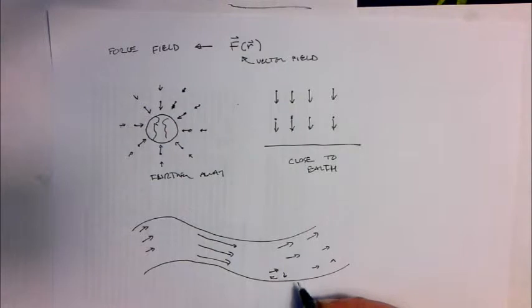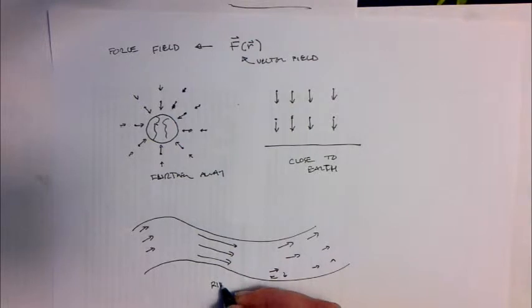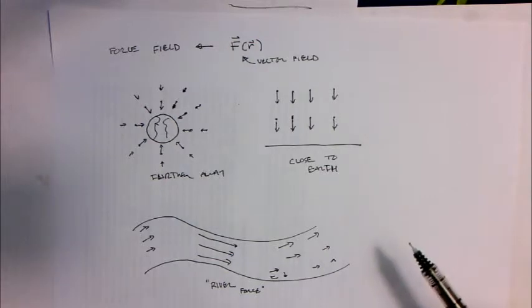So what I want to think about is each of these examples and ask the question, are these conservative force fields or non-conservative force fields? I'll call this the river force, which is just some force due to the water in the river.